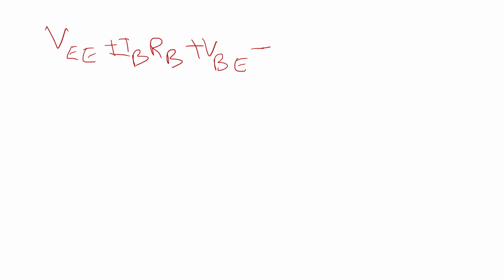Now we'll try to write the equations for the above circuit. The emitter voltage VEE plus IBRB plus the base emitter voltage VBE plus IERE is equal to 0.